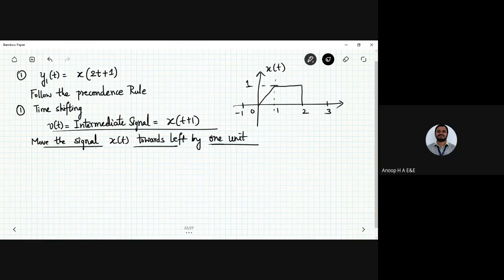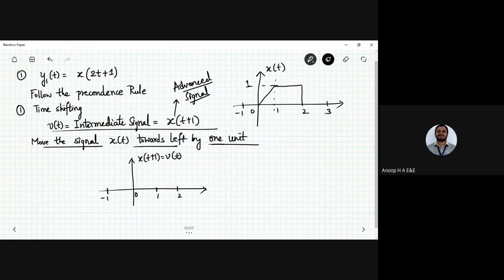So I need to move the signal. Again, it is an advanced signal. I need to move the signal towards the left here by only 1 unit. x of t plus 1, which represents v of t, that is -1, 0, this is 1, and this is 2.